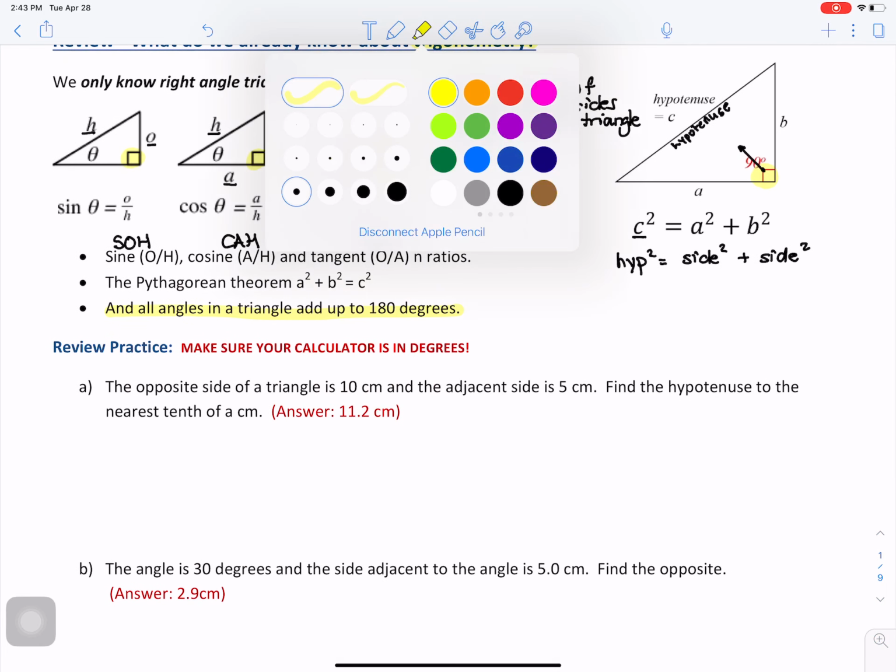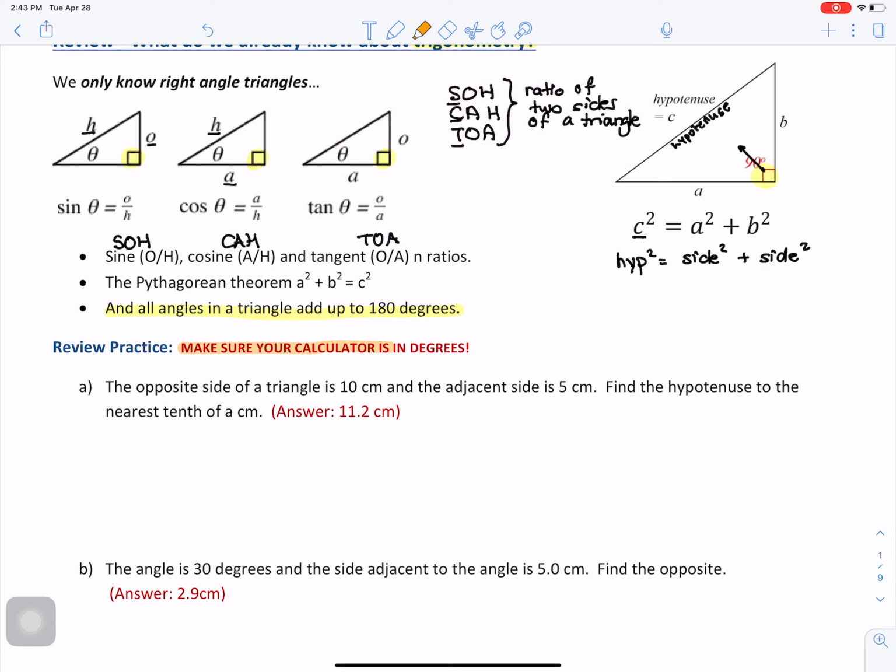Another thing we have to recognize is that our calculator always has to be in degree mode. If you have a TI-83, a TI-84, a TI-84 Plus, or the color edition, you're going to go to the button that says mode. When you hit mode, it will take you to a screen, and on that screen we use the down arrow twice.